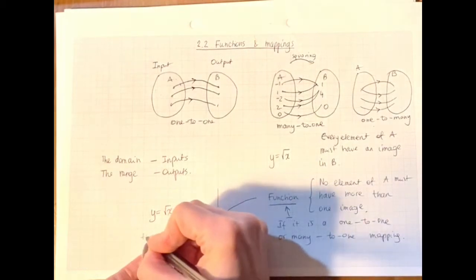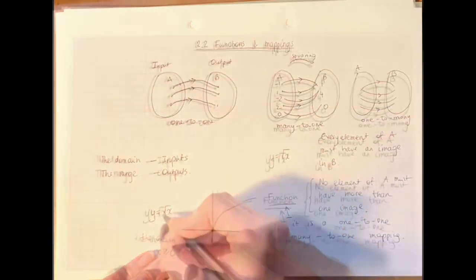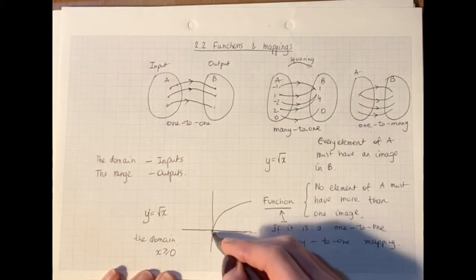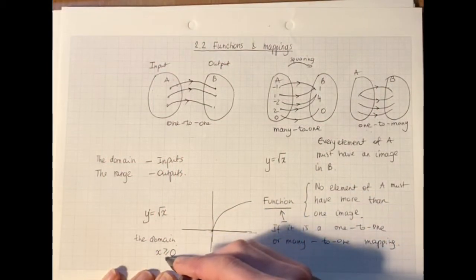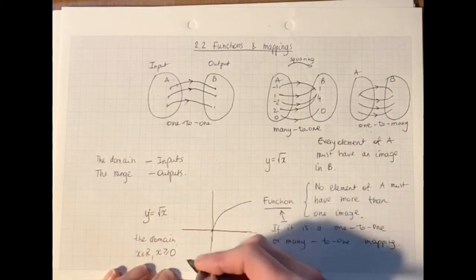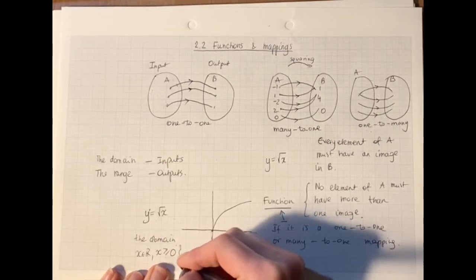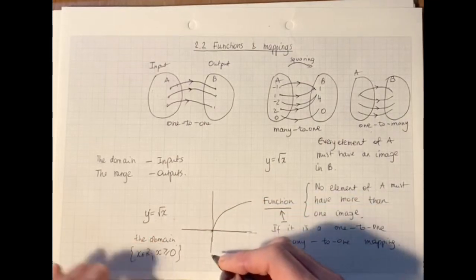So the domain for this function to exist is anything belonging to real values, so all the x's belonging to real values, such that x is greater or equal to 0. So this is the domain.